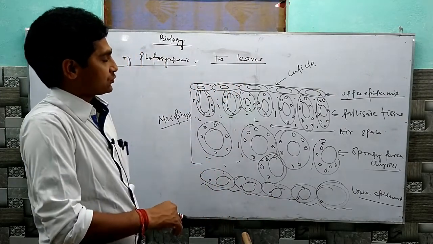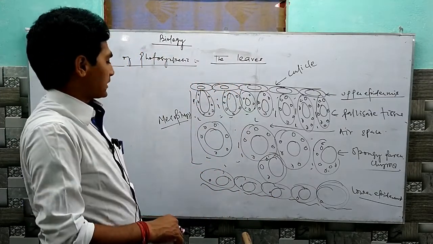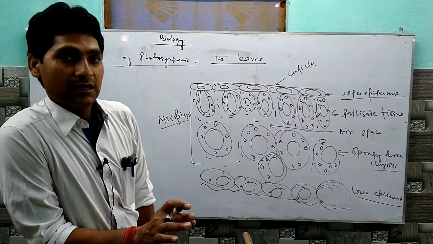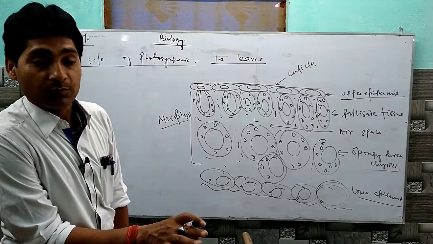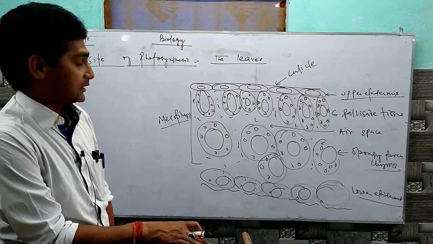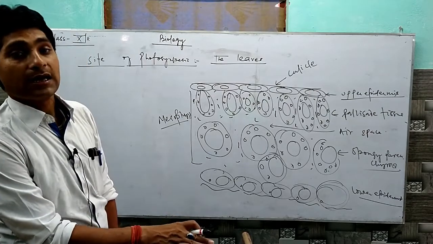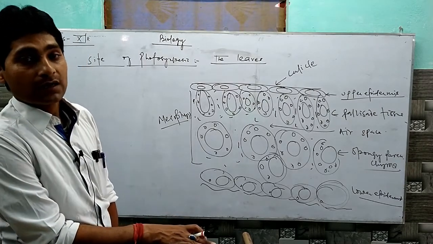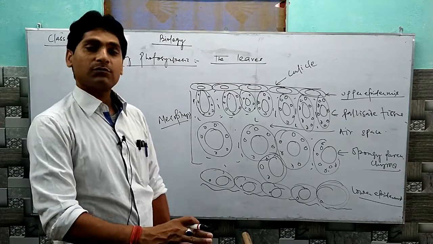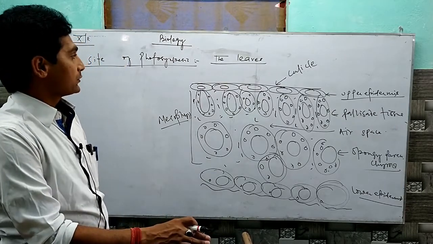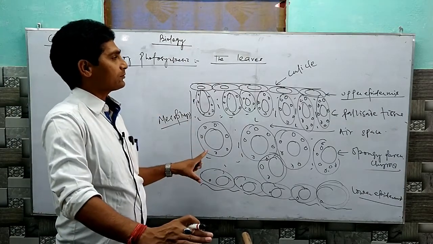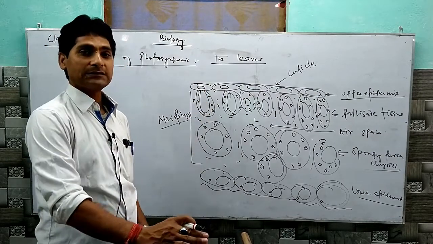In the lower epidermis, you should know that stomata are present. Here there is a least number of chloroplasts present in the lower epidermis, and only stomata are present. This is the cross section of a leaf where photosynthesis takes place.